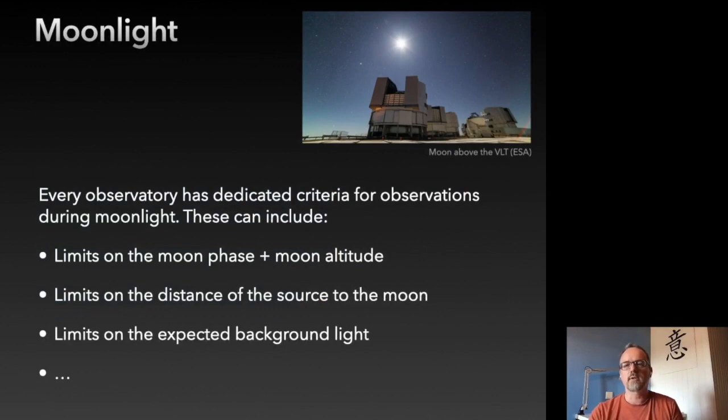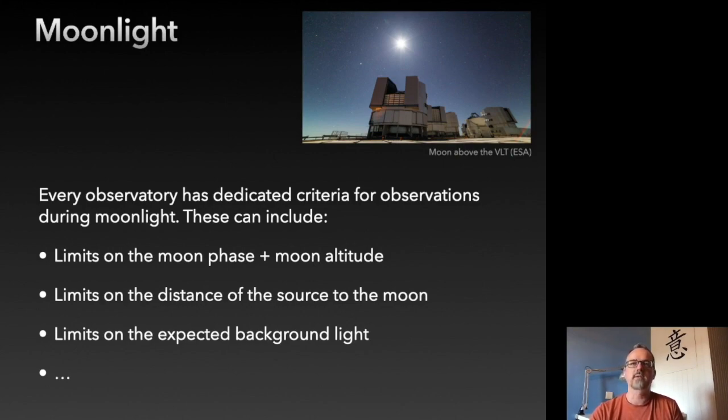And the last point we want to discuss here is moonlight. Most of the observatories are influenced by the scattered light of the moon and can only operate at low moon phases or when the moon is below the horizon.